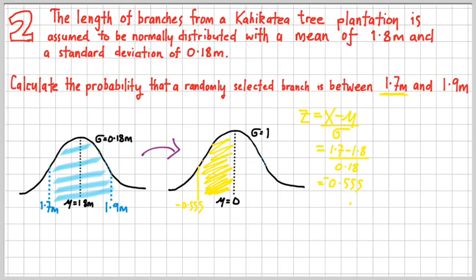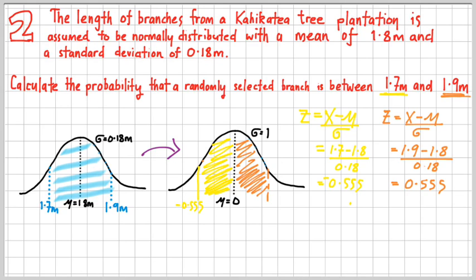Now remember, there's also the right hand side, so we need to consider the 1.9 meters. So let us press on and have a look at what we get there. Oh look, we get the same value. And if you look at it closely, we have symmetry around the mean.